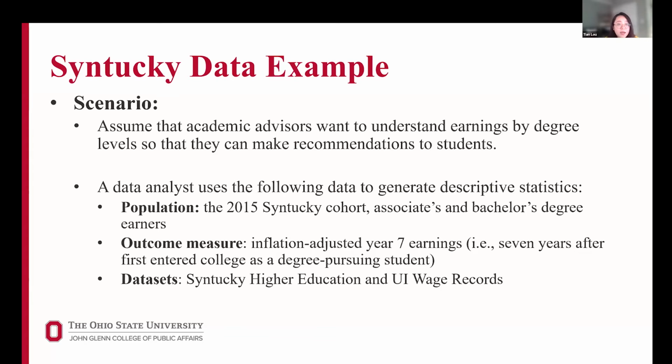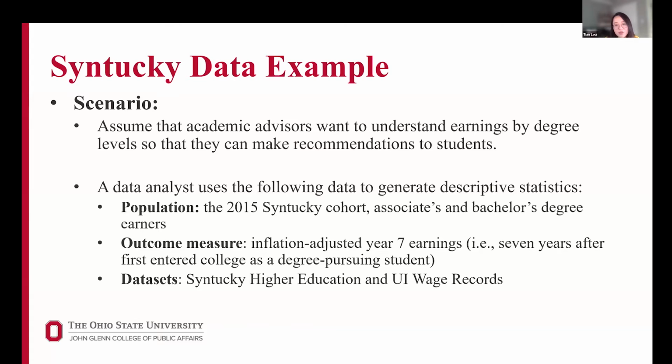So first, the synthetic data example. So let's just assume that academic advisors want to have some descriptive statistics just so that they can advise their students on what degree level or what types of college they should go to. So assume that you are a data analyst and you have access to the 2015 synthetic cohort data, and the outcome measure that is available to you is the inflation adjusted year 7 earnings.